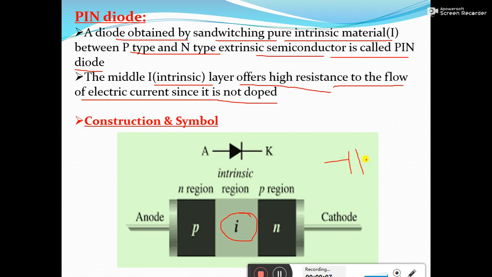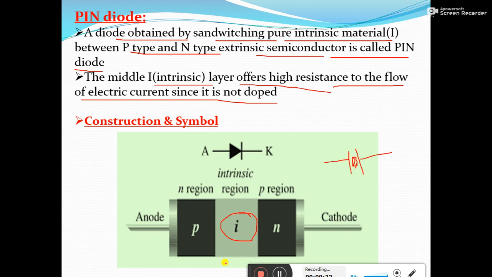You can see the P layer acts like a conducting plate, and the N layer again acts like a conducting plate. These two plates are separated by an insulating medium. So it looks like a capacitor: two plates separated by a dielectric medium. The capacitance value depends upon the depletion layer width.